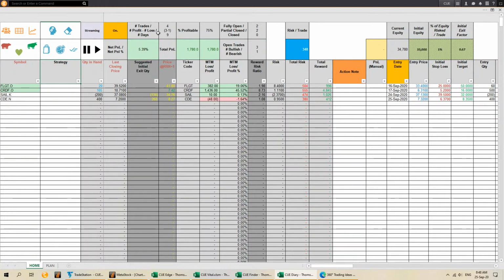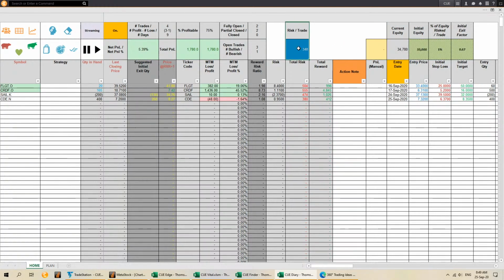Let's now look at the summary statistics that are shown. I already showed that after the initial equity is entered, as the trades make profit and loss, the current equity shows the equity that you have at present.